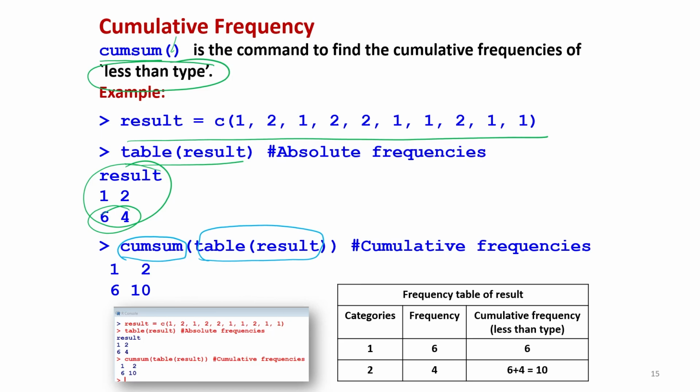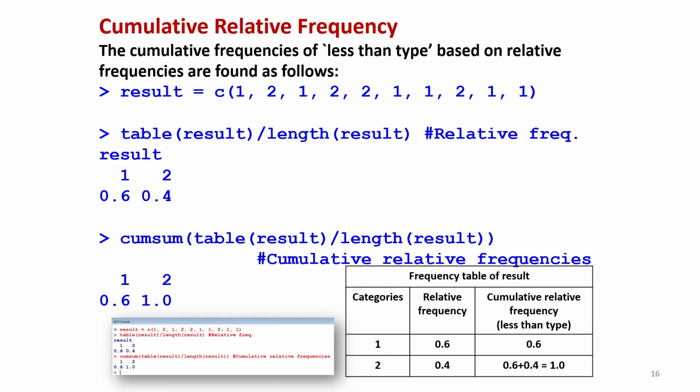That is why you have to be careful and understand this basic concept. If you do it, you can see the outcome here: these are categories 1 and 2 and their cumulative totals are 6 and 10 respectively, which matches the outcome which you did manually. The cumulative frequency of class 1 is 6 and class 2 is 10. It is very simple and straightforward.